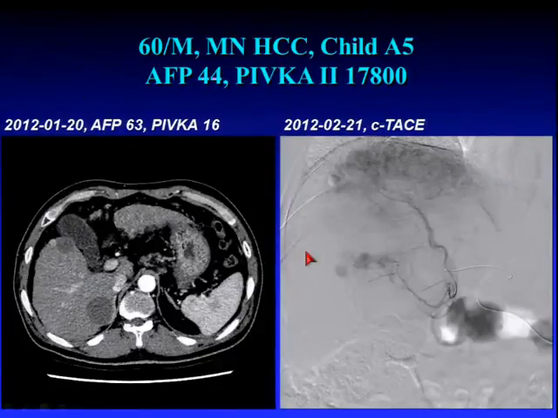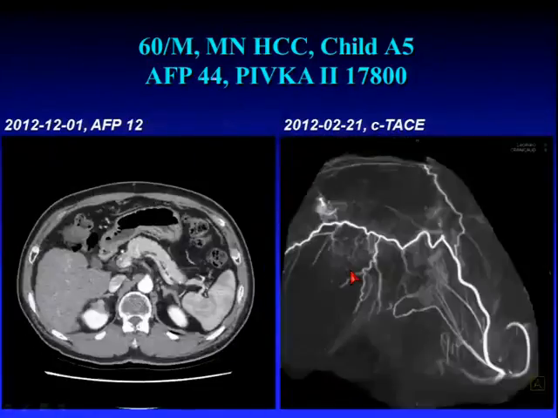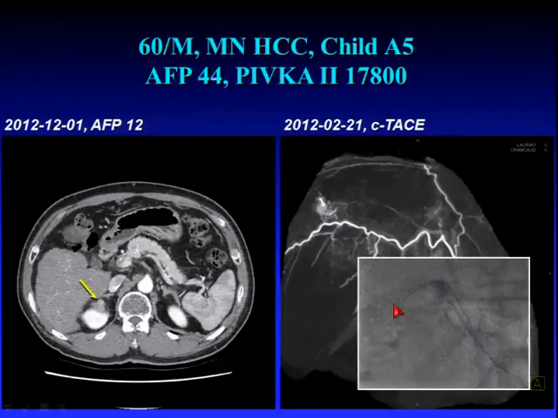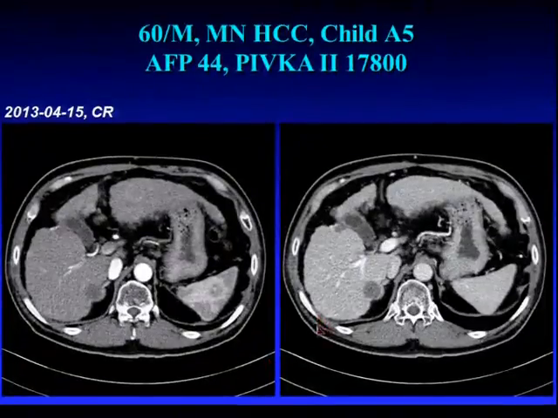And at this time, the tumor was supplied by the cystic artery, so we changed to lipiodol and selectively treated this feeding artery. And several months later, the tumor in segment 7 also recurred, supplied by the adrenal artery. These fine feeders can be more effectively managed by lipiodol. So after combining DEB-TACE followed by lipiodol TACE, we could completely manage all these tumors.